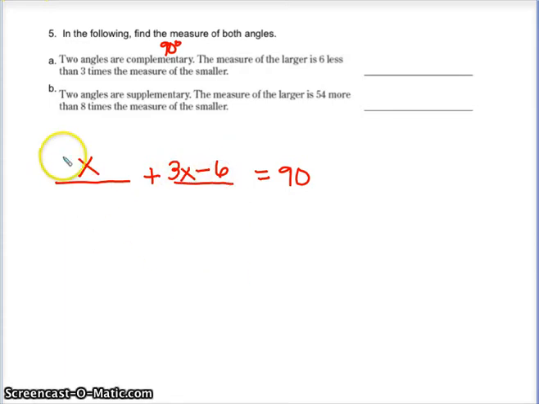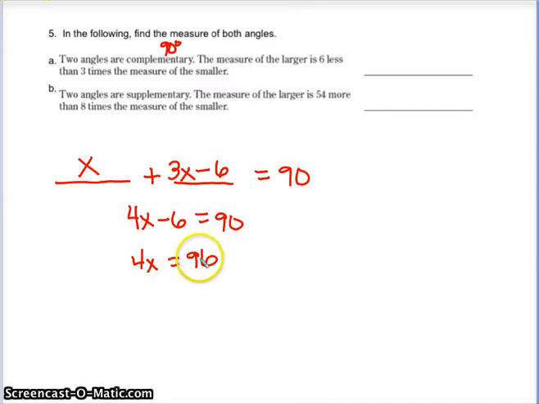Now I've got an equation that I can solve. x plus 3x is 4x minus 6, and that's now equal to 90. You're going to have to add 6 to both sides, so 4x equals 96. Then go ahead and divide both sides by 4.